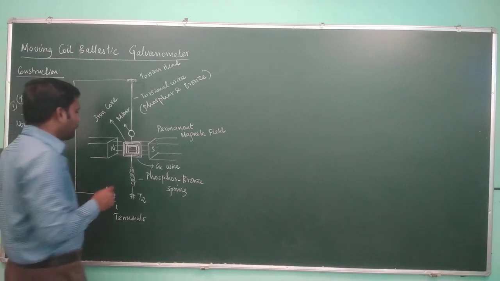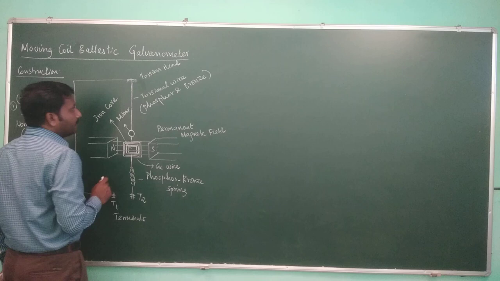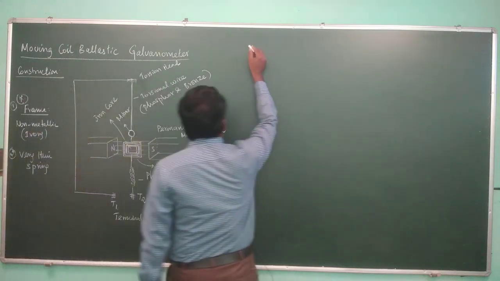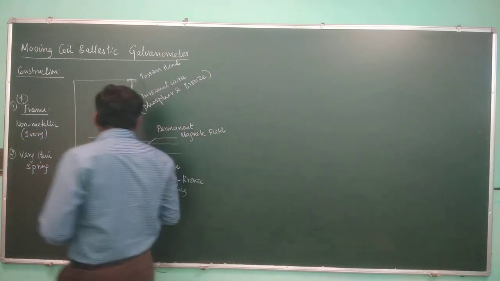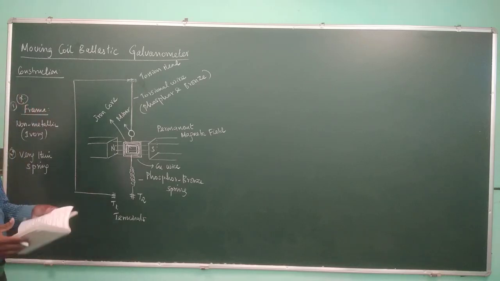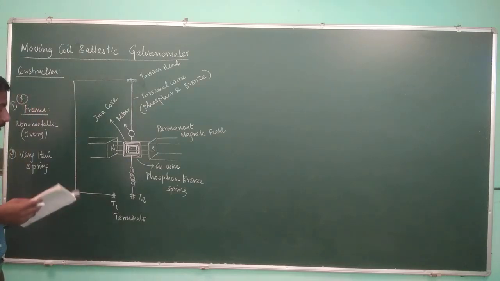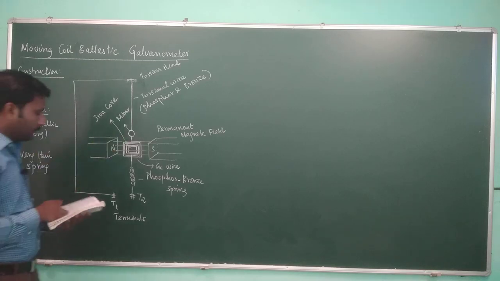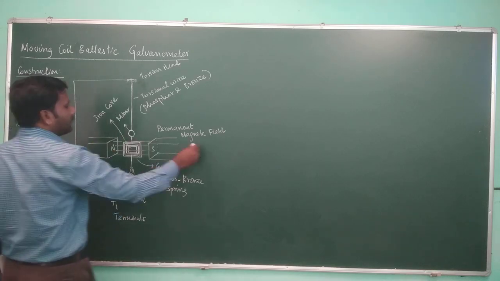Here also you can define L as the length of the coil and b as the breadth of the coil, and N is the number of turns, the number of windings, and B is the magnetic field. Here B is the permanent magnetic field.